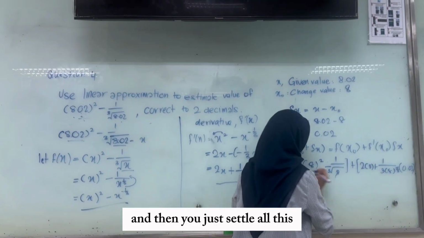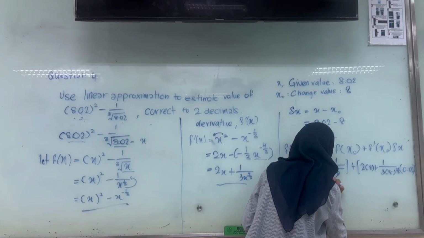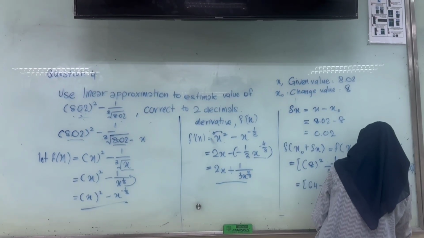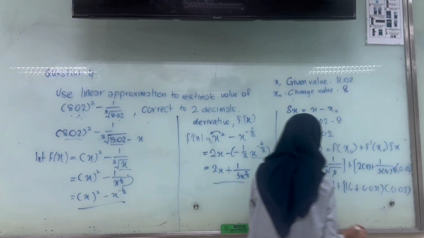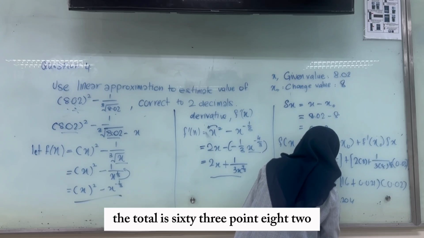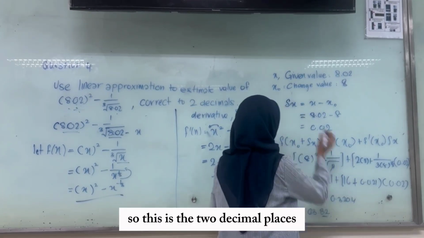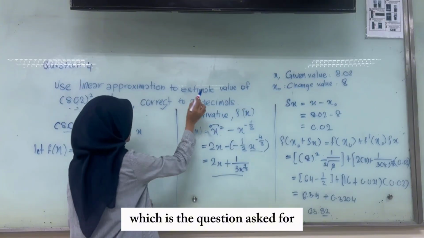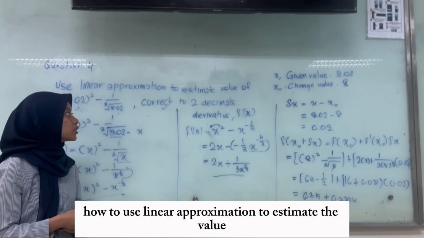And then you just settle all this, so it will become minus 1 over 1 and times 0.02. So the total is 63.82. So this is to 2 decimal places, which is what the question asked for, and this is the way to use linear approximation to estimate a value.